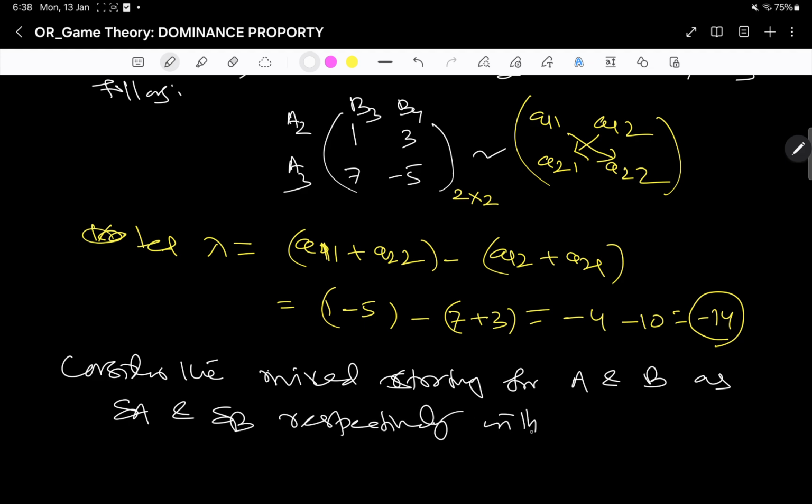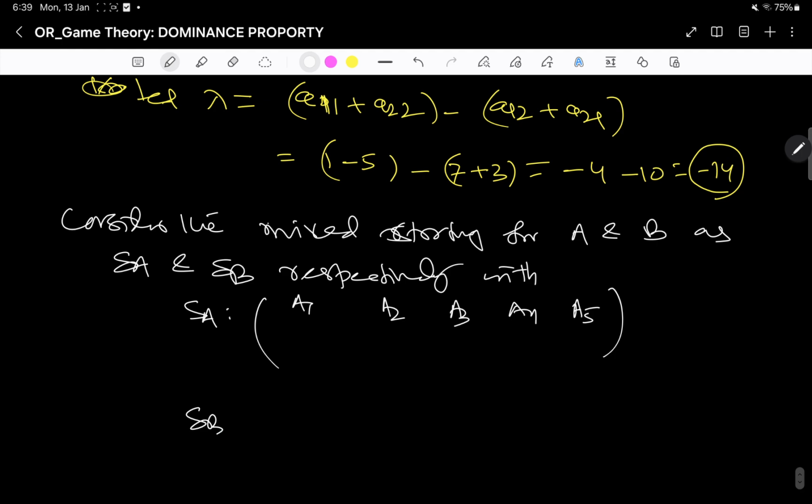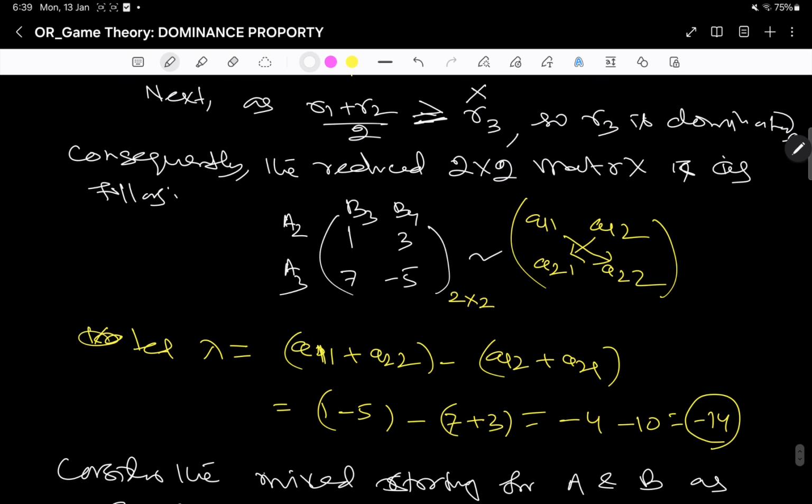SA is A1, A2, A3, A4, A5, and your SB is B1, B2, B3, B4, B5, B6, and the available ones here are A1, A2 and A3.